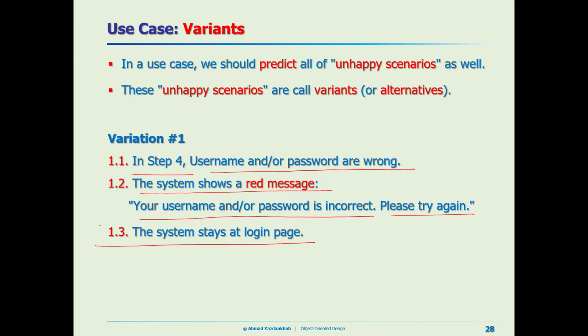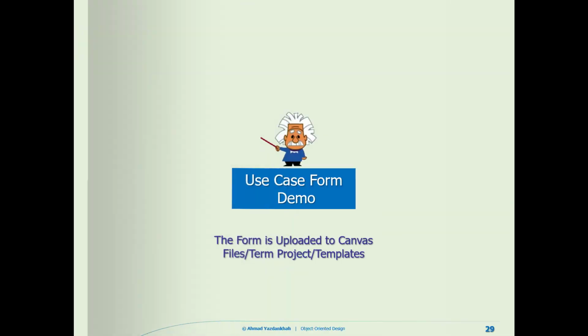Okay, now let me show you a demo. I provided a use case form, a template for the use case. I'm going to show you quickly what it is and how it works. I have already uploaded it in Canvas, under files, term project, and templates.